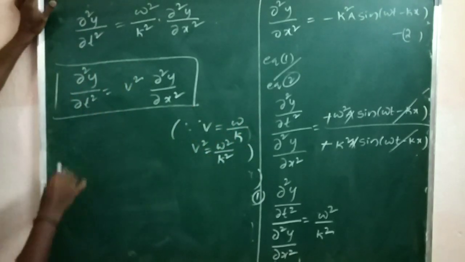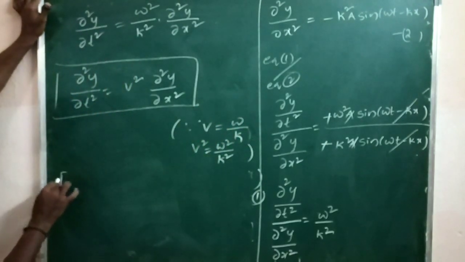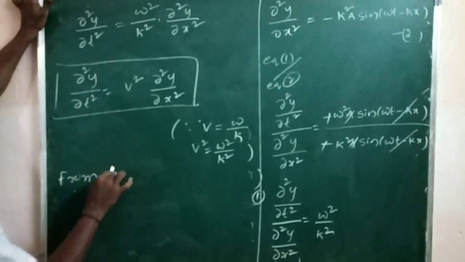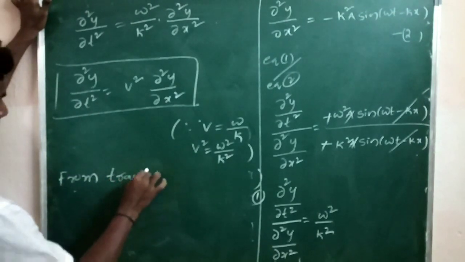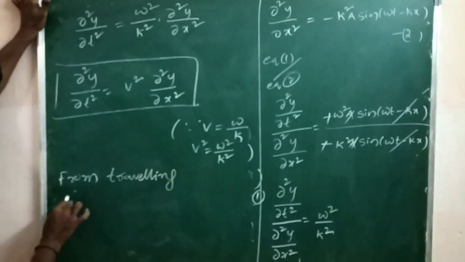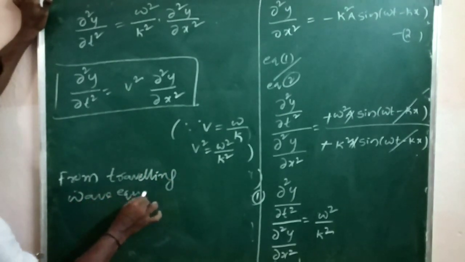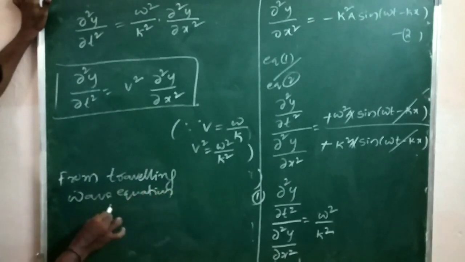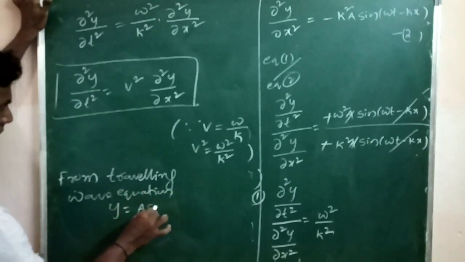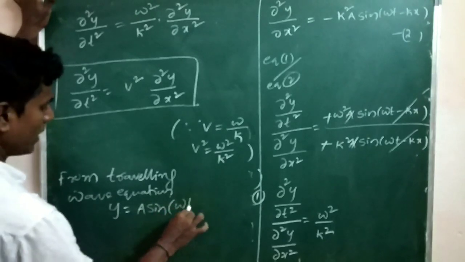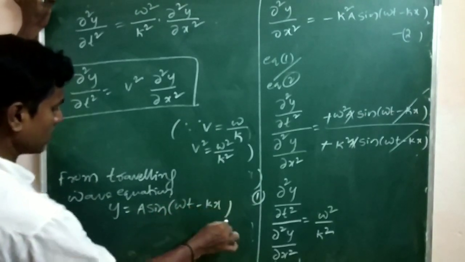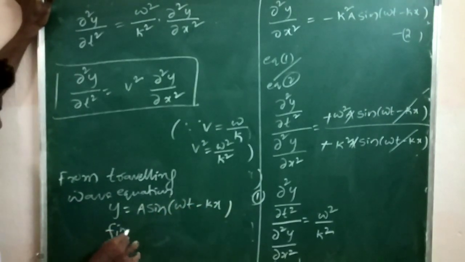From a traveling wave equation, y equals a sin omega t minus kx. So how to find the speed here?